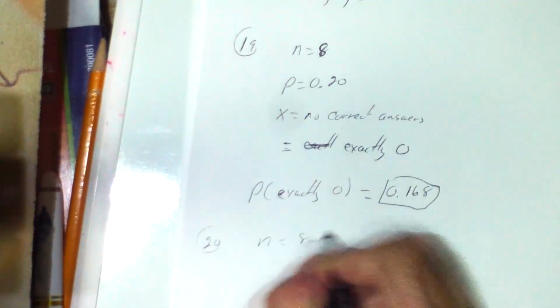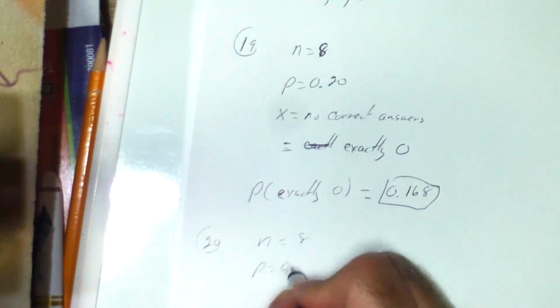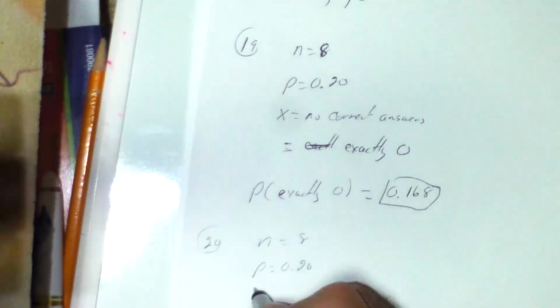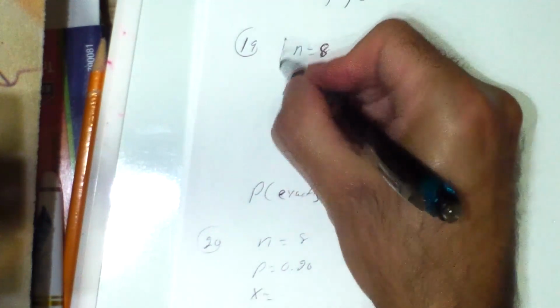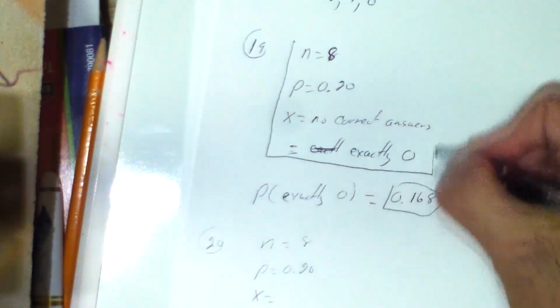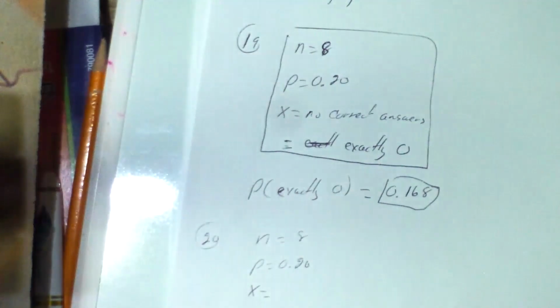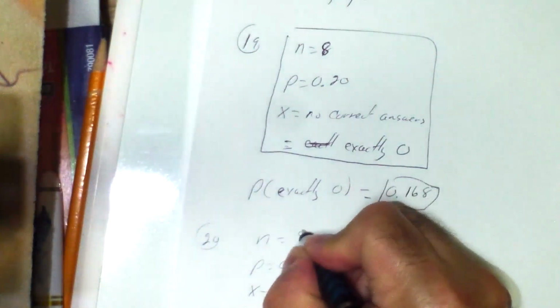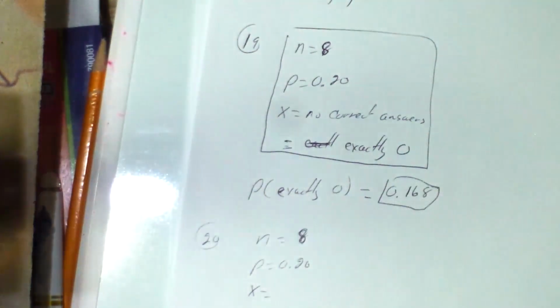N is still 8. P is 0.20. Let's find out what X is. For some reason, my 8s are not coming out clear. I apologize.